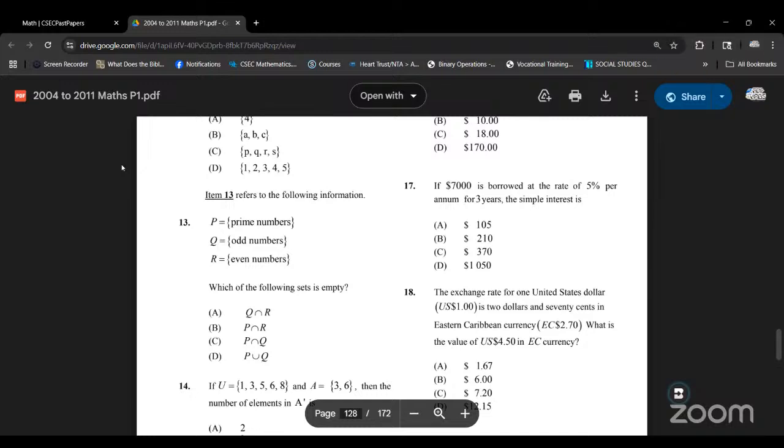It will be 70. What will be 5%? 350. So $350 per year. So for 3 years, how much will it be then? 1,050. Very good.